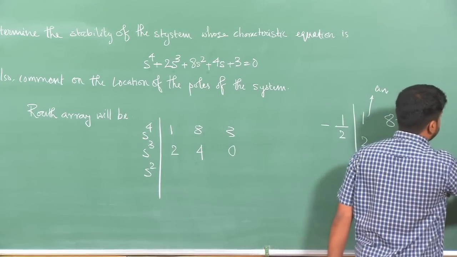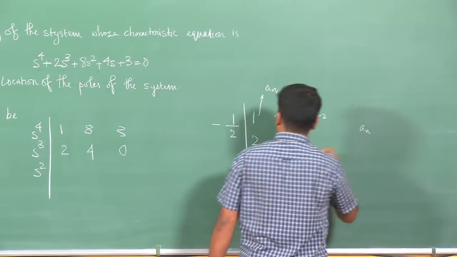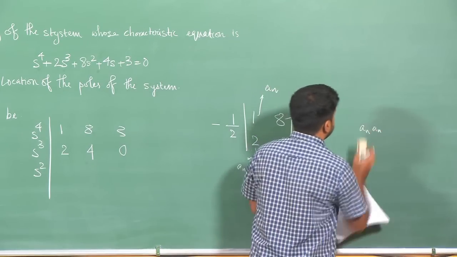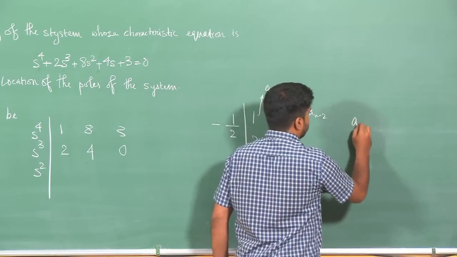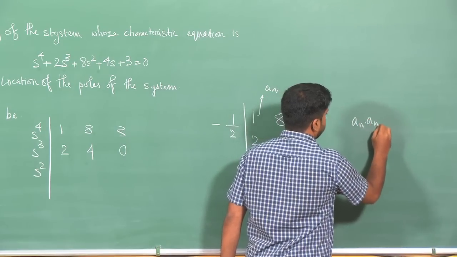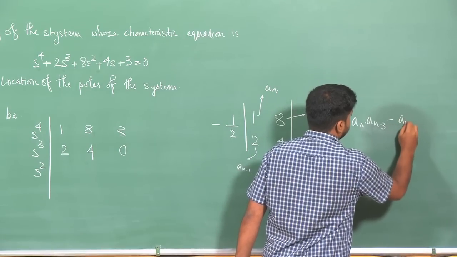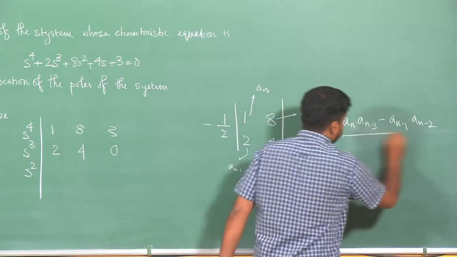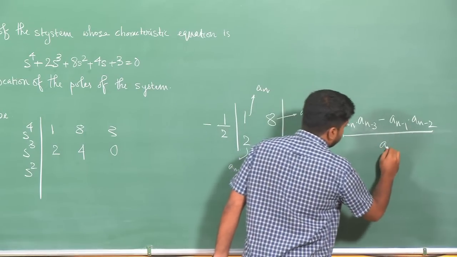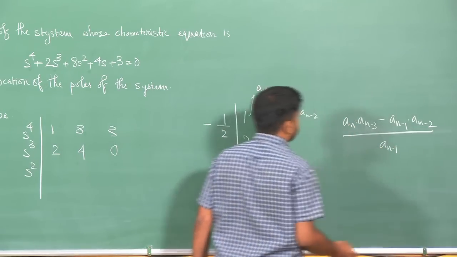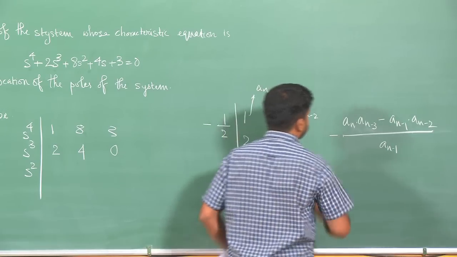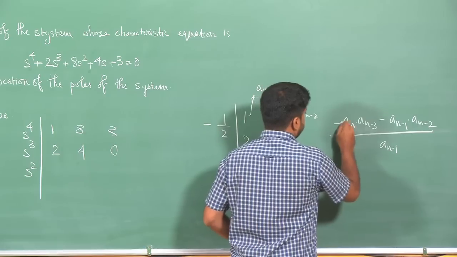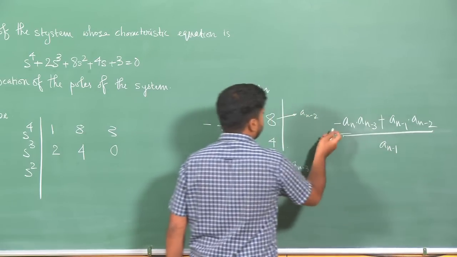So, what we are doing is a n into a n minus 3 minus a n minus 1 into a n minus 2, divided by a n minus 1. Basically the minus will come here and this will be plus. So, that is what we learned.